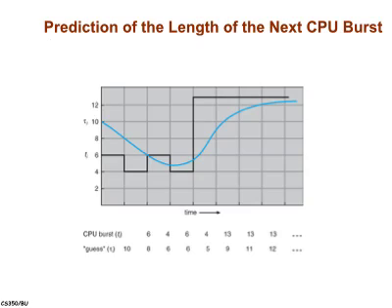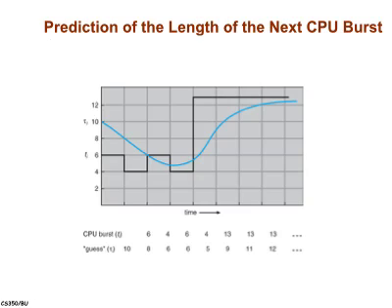So the idea behind exponential averaging is not to have sudden jumps in the predicted value, but to gradually catch up with the actual value. If a program shows consistent CPU burst over a long period of time, then exponential averaging would approach that actual stable CPU burst time.